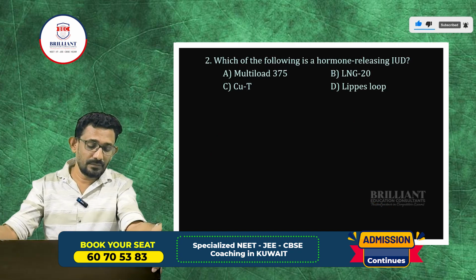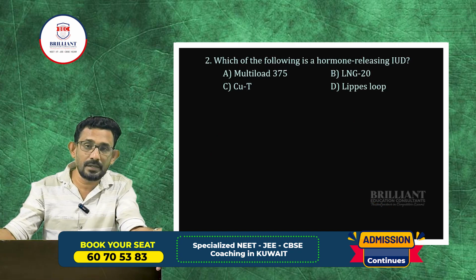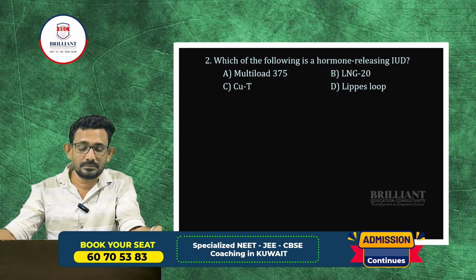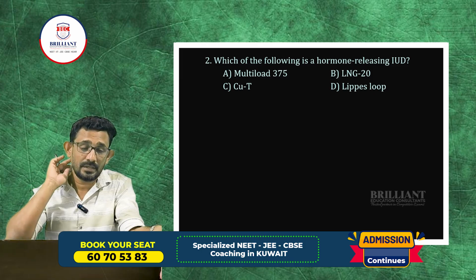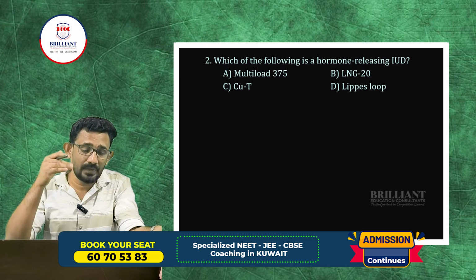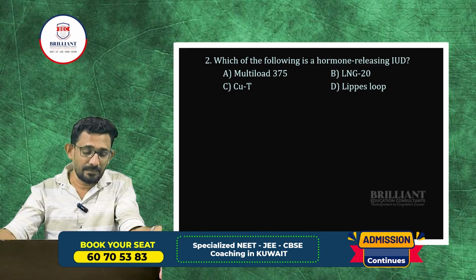Second question, which of the following is a hormone releasing IUD? What is IUD? Intrauterine devices. The devices which are introduced into the uterus to prevent pregnancy. So there are a lot of IUDs.